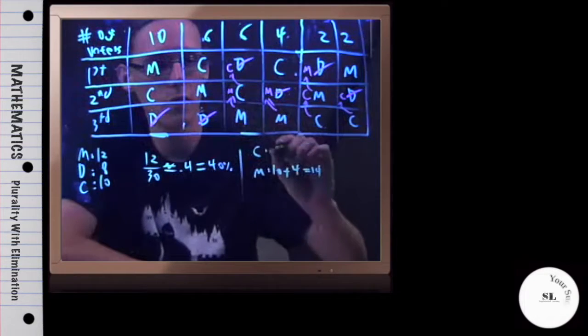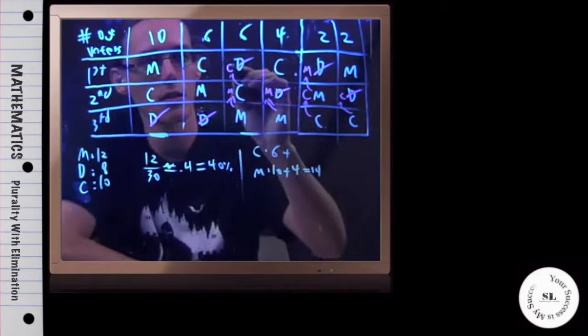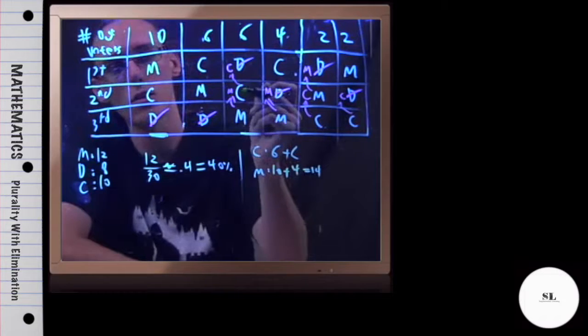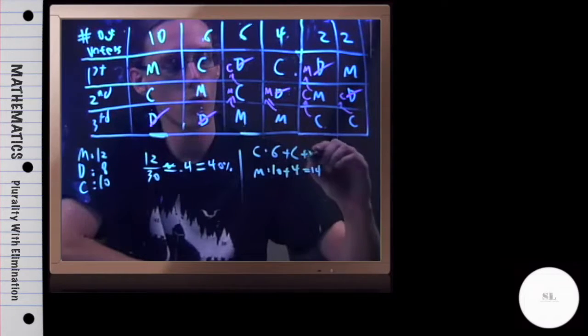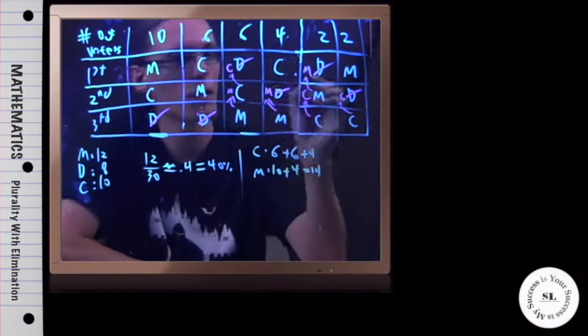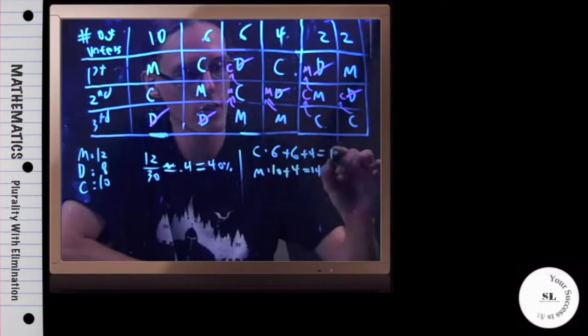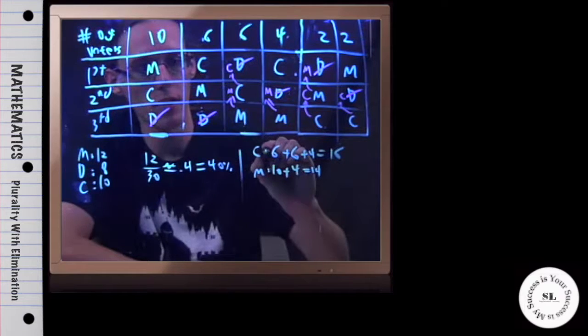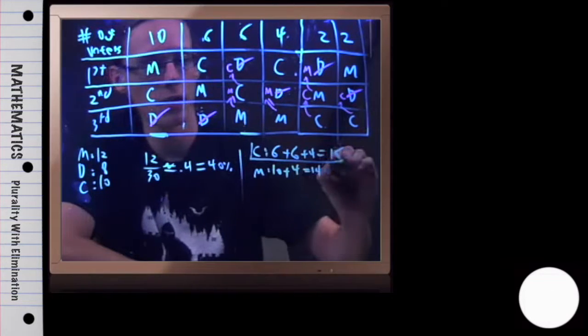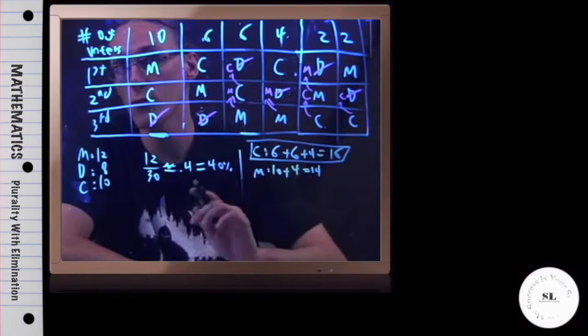Now for comedy, we've got 6 plus 6, remember, because these moved up, plus 4, and that's it. And so that's 12 plus 4 for 16. And so, when there's only 2 options left, comedy wins with 16 of the votes.